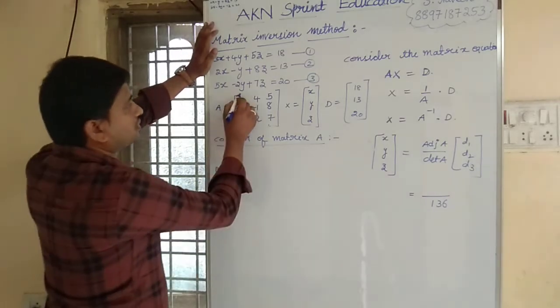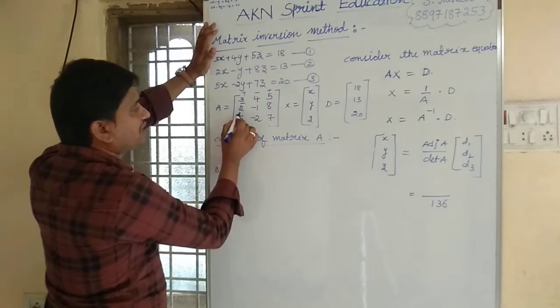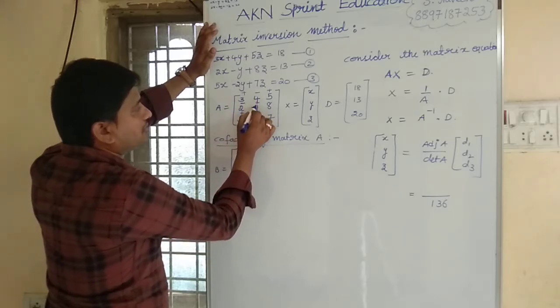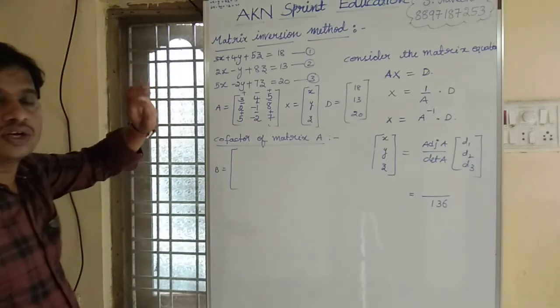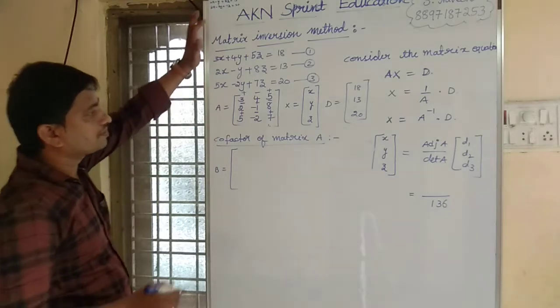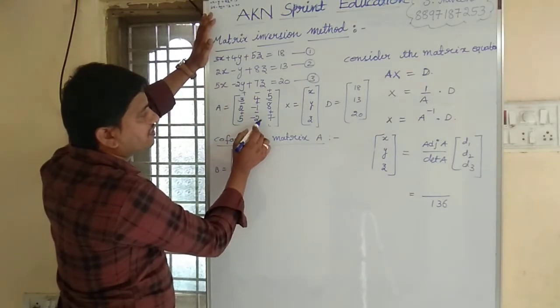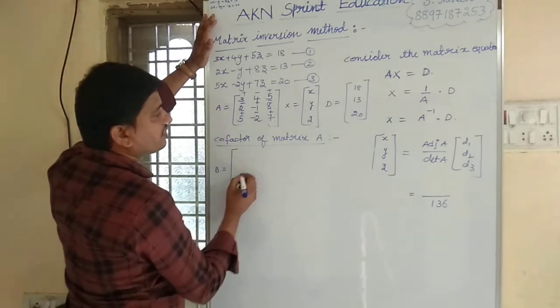So this is plus, minus, plus, let us say minus, plus, plus, minus, minus, plus. Let us find the cofactor of each and every element. Okay, for the first, 3: minus 7, minus into minus plus, minus 7 plus 16.